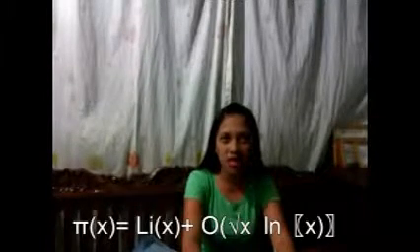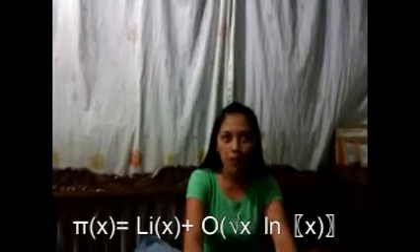In 1901, Koch showed that if the Riemann hypothesis is true, then pi of x equals Li of x plus O of square root of x times natural log of x.